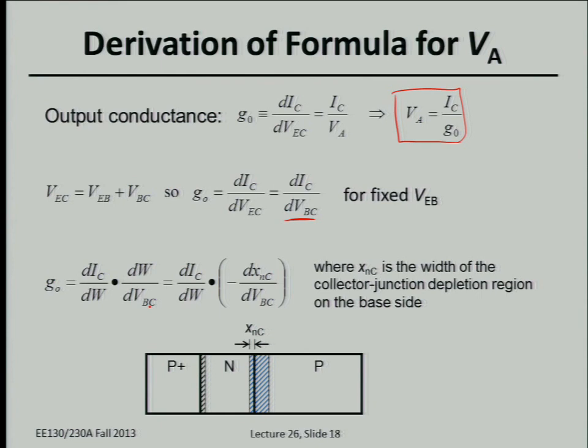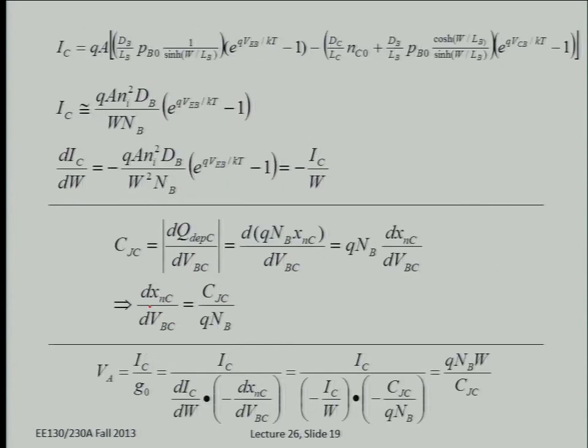So we're introducing a new term here, the depletion region width in the base at the collector junction, X sub NC. Instead of tracking the change in the base width, we're just keeping track of the opposite direction change in the depletion width. The wider the depletion region, the smaller the base region.